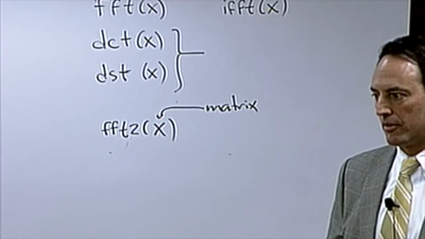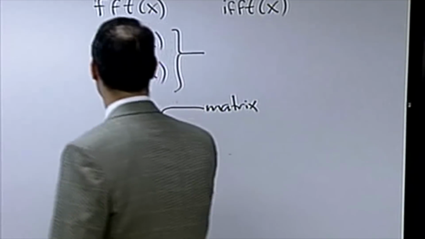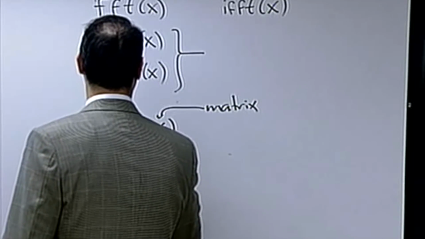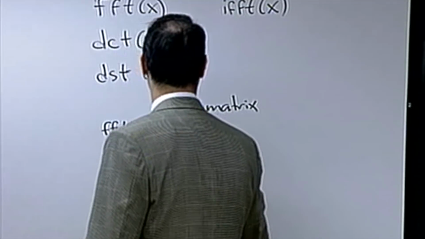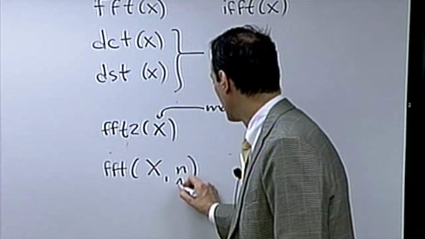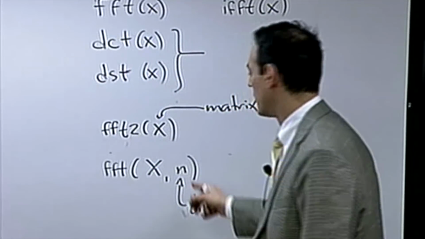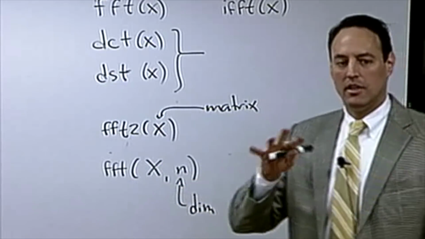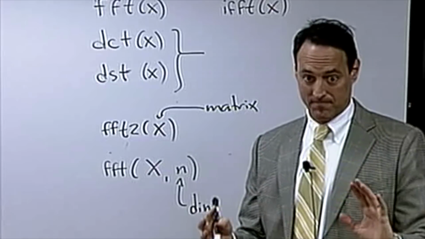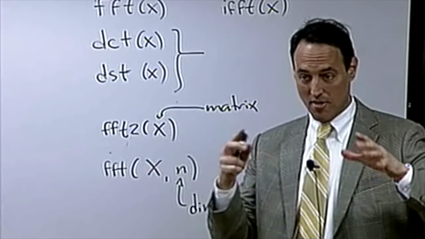It's a very simple generalization. If you want however many dimensions you want, you use fftn and put in your dimensions. For 3 dimensions, you put in 3, and x is now a cube of data, not a matrix.